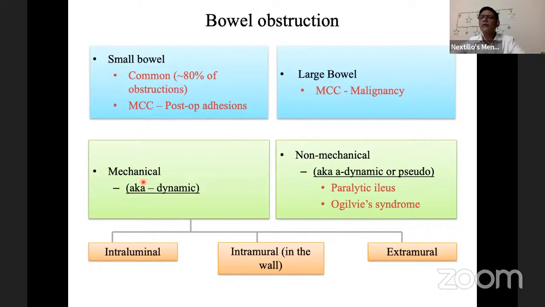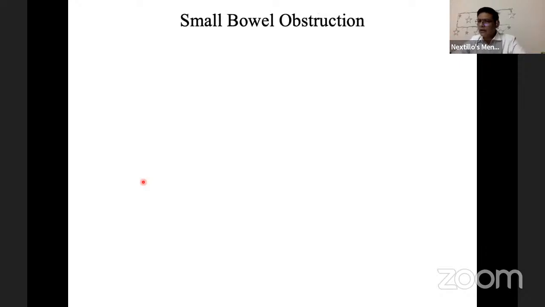Now, coming to our small bowel obstruction, just as we have seen right now, it could be either mechanical or non-mechanical, the adynamic and the dynamic variant. The dynamic obstruction was further classified into three variants: the extramural, the intramural, and the intraluminal.